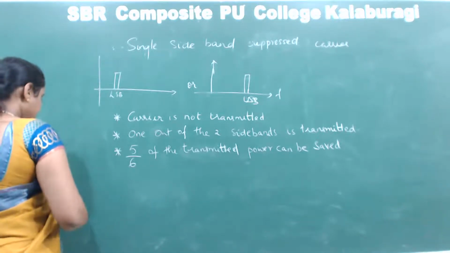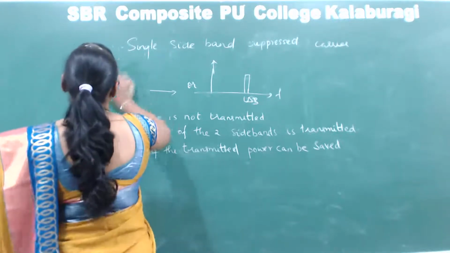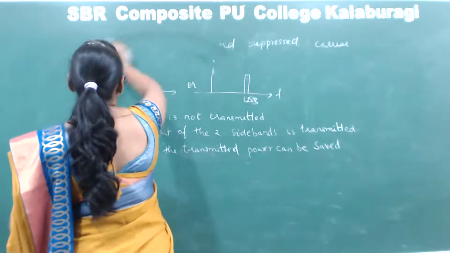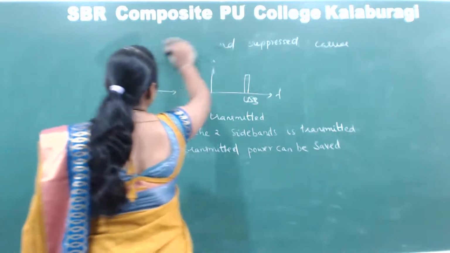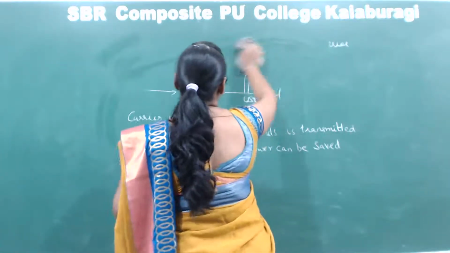Next one is the double sideband suppressed carrier. Of course, carrier is not transmitted, but both the sidebands will be transmitted.